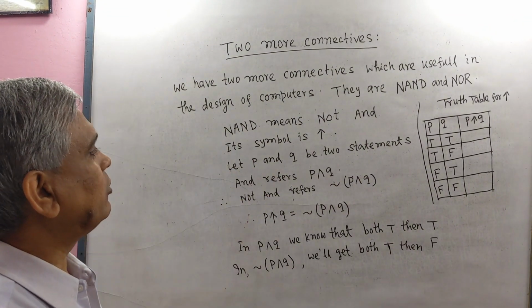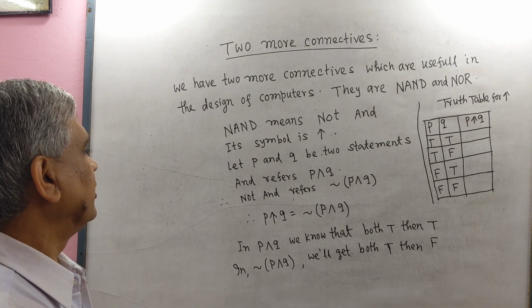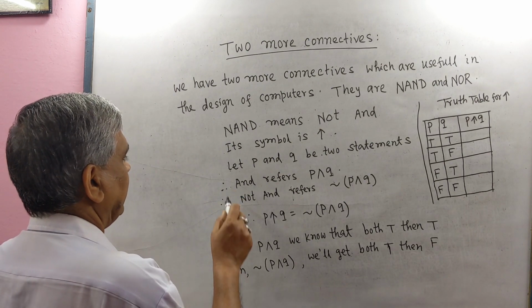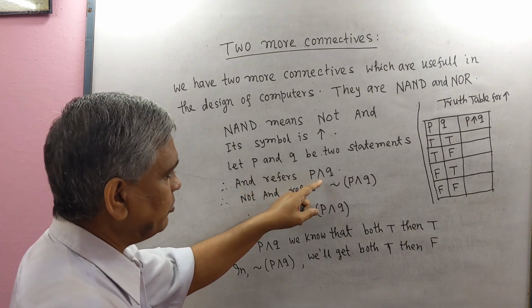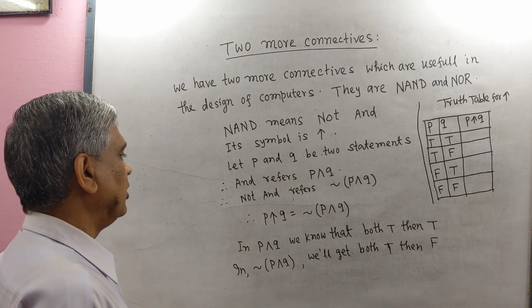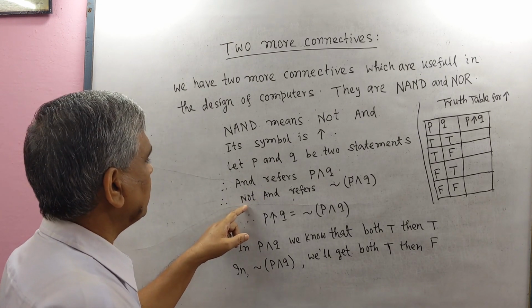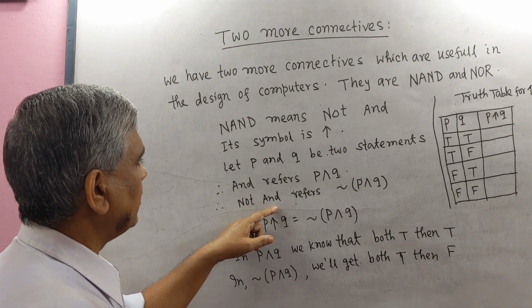Let P and Q be two statements. Therefore, and refers to conjunction, P conjunction Q. We apply not with and.